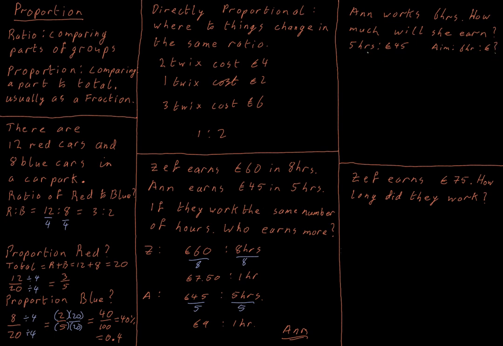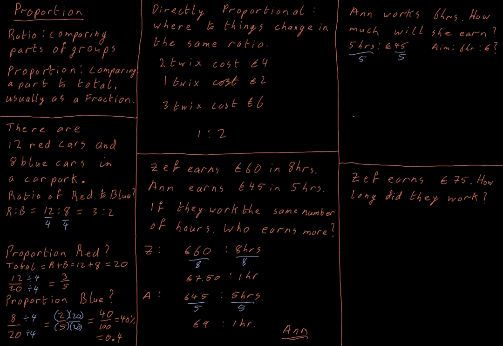Well, just like when I was doing my comparisons, I'm going to find out using the unitary method how much do I earn in 1 hour? And then I can easily multiply that by 6 to get up to how much would I earn in 6 hours, or how much would Anne earn in 6 hours. So let's find out how much we'd earn in 1 hour.